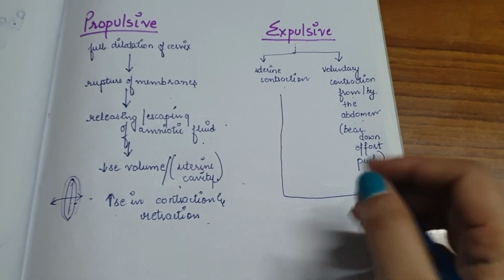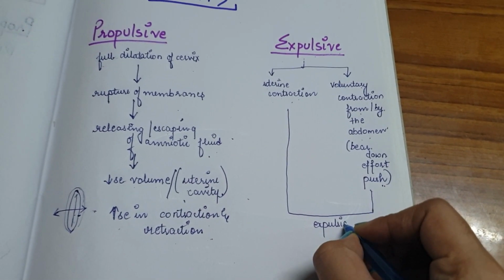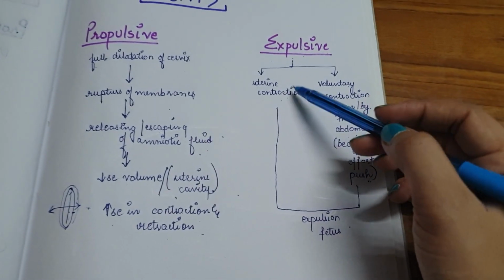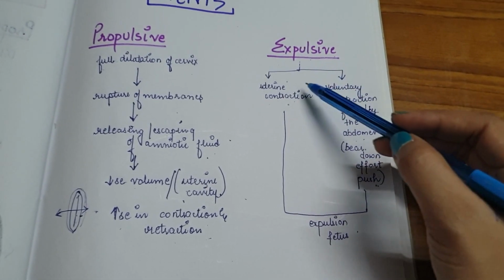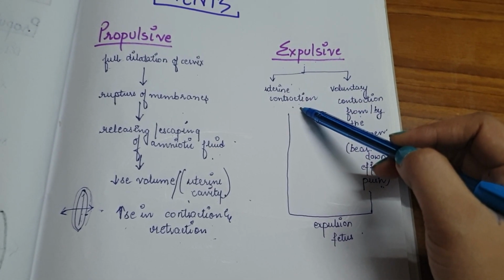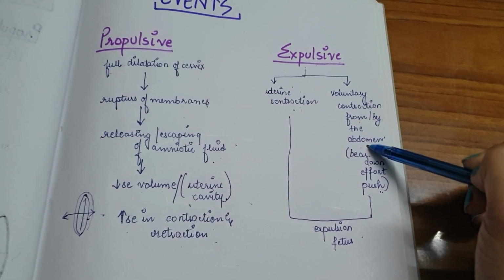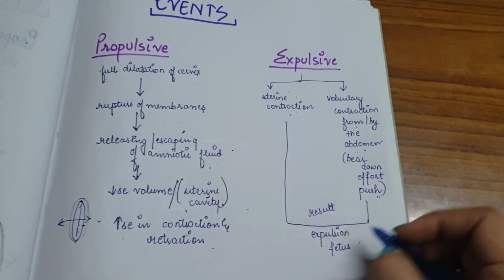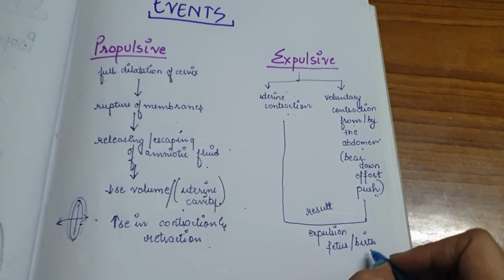So with the help of uterine contractions, that is the involuntary expulsive uterine contractions, added to the voluntary contractions by the abdomen, it results in expulsion of the fetus or the birth of the baby.